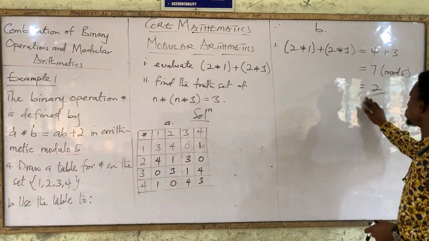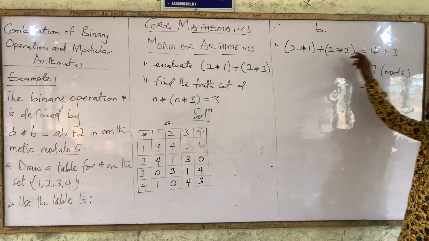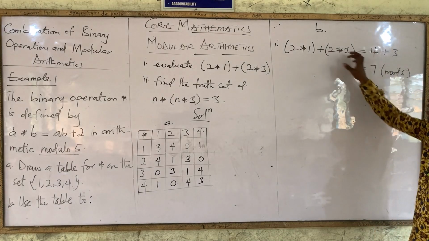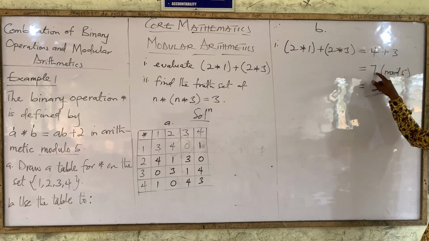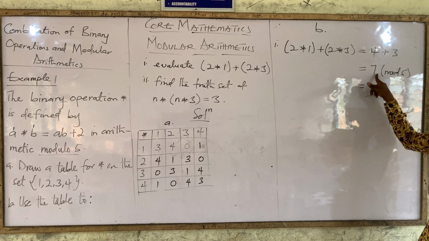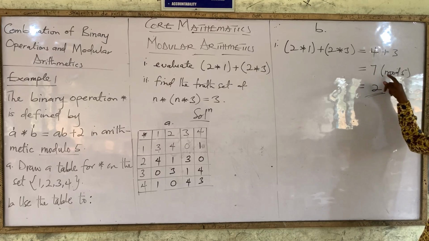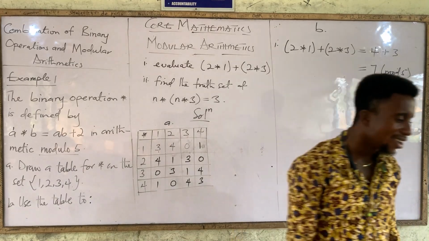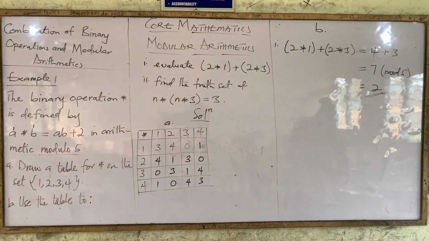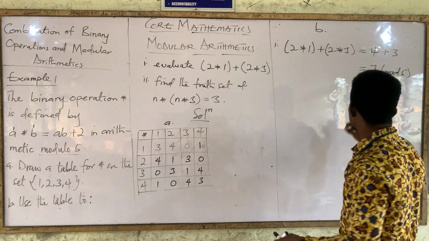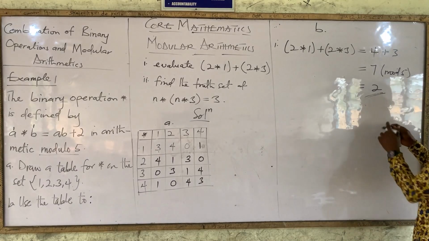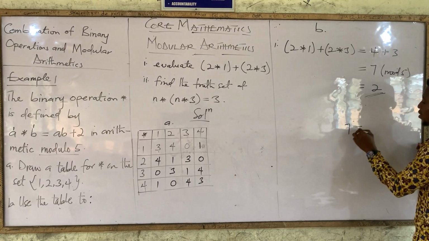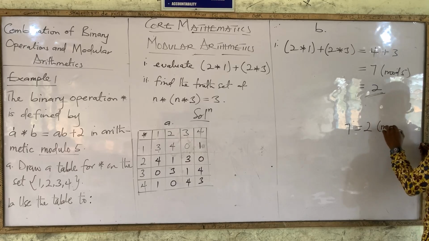So now we have 2. We took this, it was this, plus, then this is that. Now we are having 7 in mod 5. 7 is not in mod 5. Then we took the mod 5 of the 7 and it is giving us 2. Please, are we getting that? Okay, so that is that for the first one. So even somebody can choose to say that 7 is equal to 2 in mod 5.